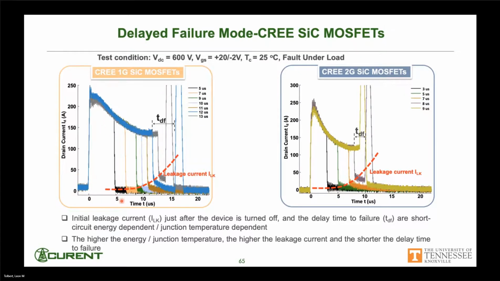Here, 5 microseconds, and it was fine. We did 7, 9, 10, and then when we got to 11, 12 microseconds, you can see that we ended up later, the device failed. We turned it off, and then just 3 or 4 microseconds later, it failed.